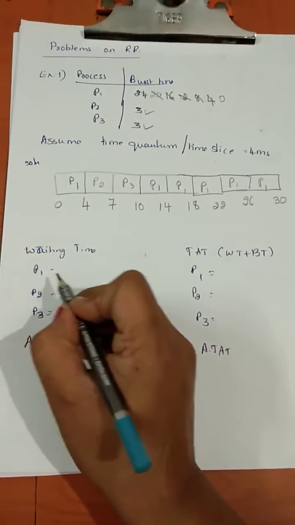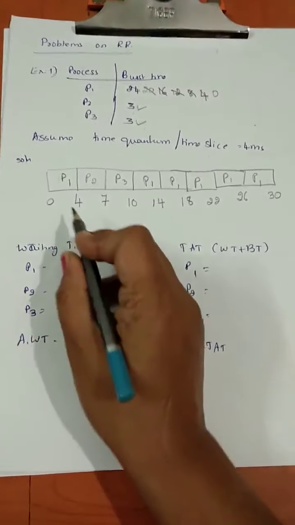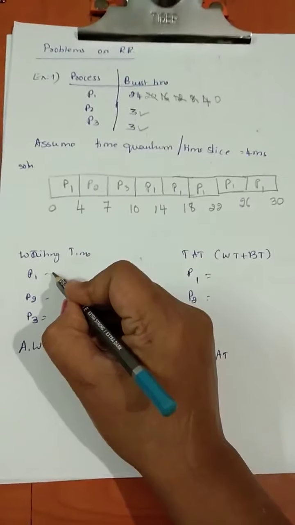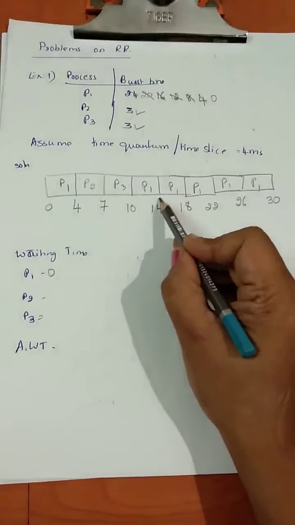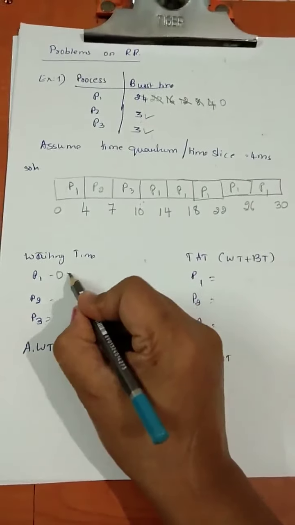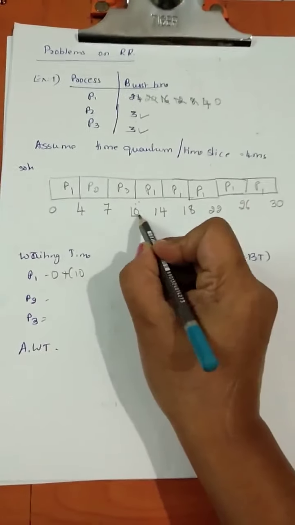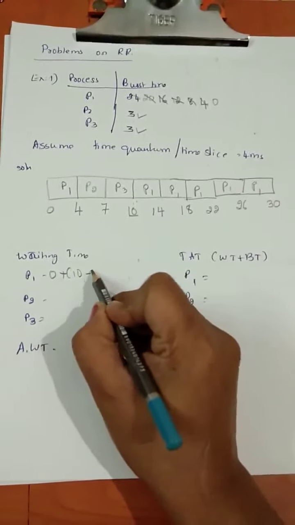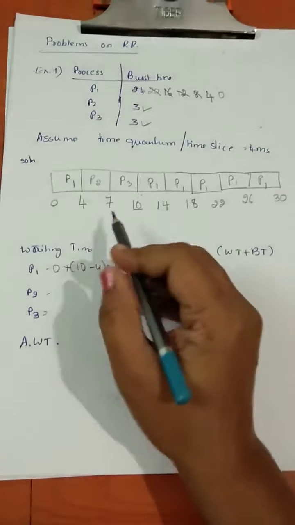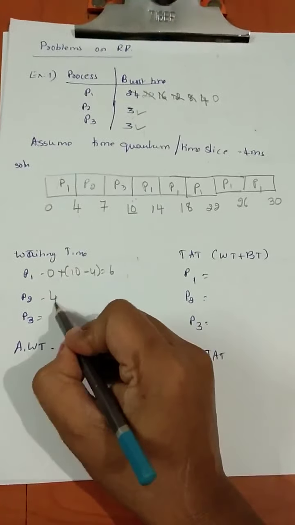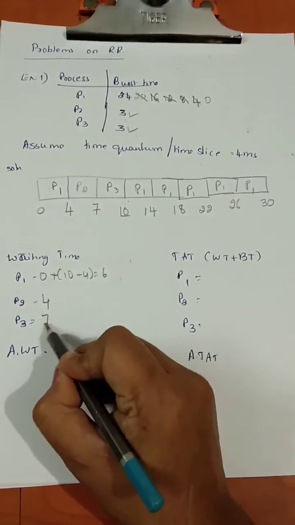So what is the waiting time of P1 over here? You can see the Gantt chart. So waiting time is 0, and you have also here plus 10, yes, minus 4, which is equal to 6. What is P2? 4. What is P3? 7.